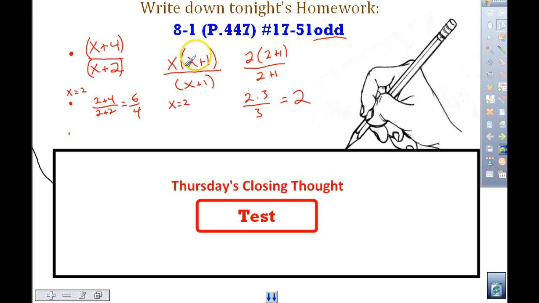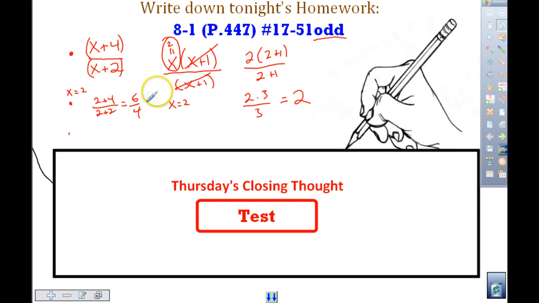So the (x + 1)'s do cancel, and I'm left with 2. So there's a way to actually check to make sure things cancel before you just assume, well, they look alike, so they must cancel.